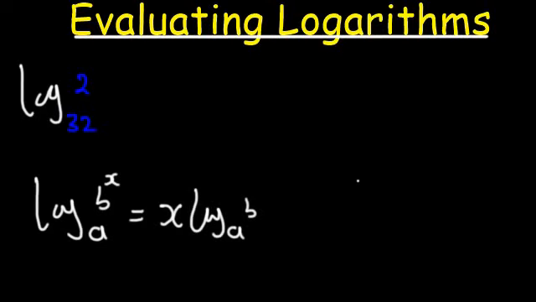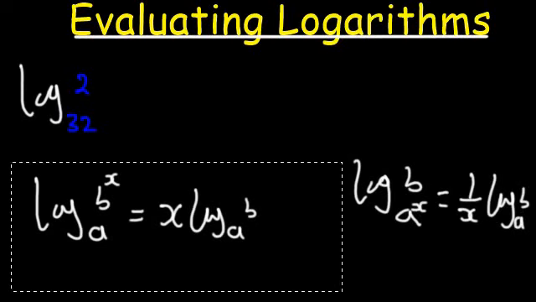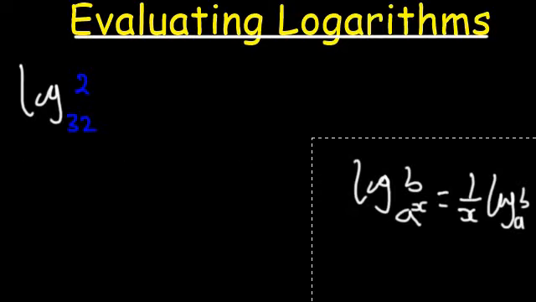How can we actually express that? What if we have something like this: log of a to the power of x to b. In this case, this will be equal to 1 over x log of a to b. Okay? So you just need to keep that in mind as well.